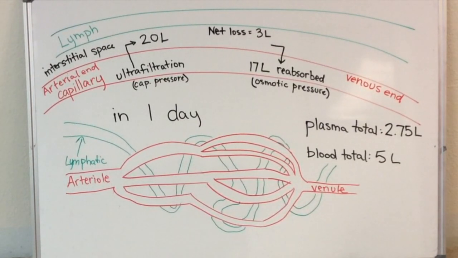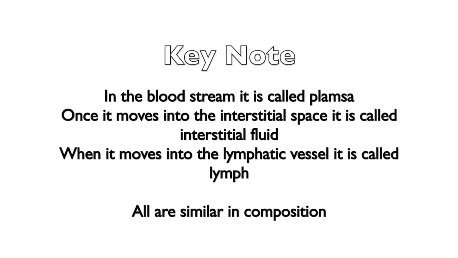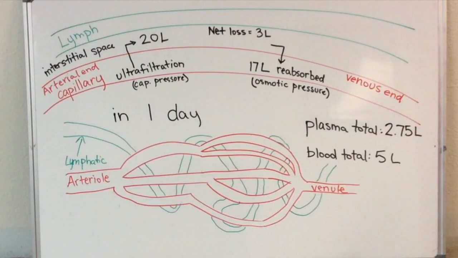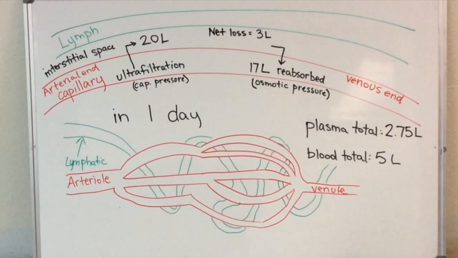The lymphatic system also is able to pick up the interstitial fluid that is not reabsorbed back into the capillaries. The lymphatic system then carries this lymph back to the right atrium, where it is able to re-enter into the cardiovascular system.